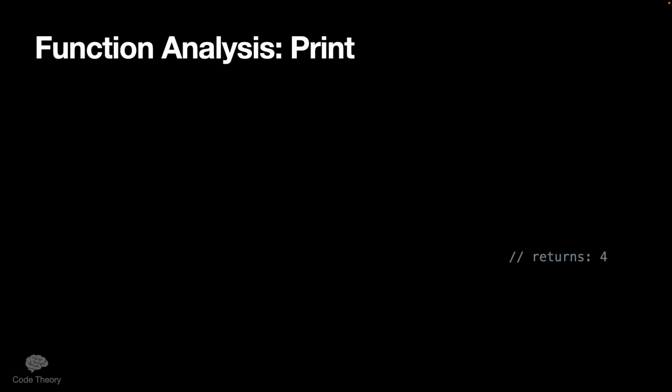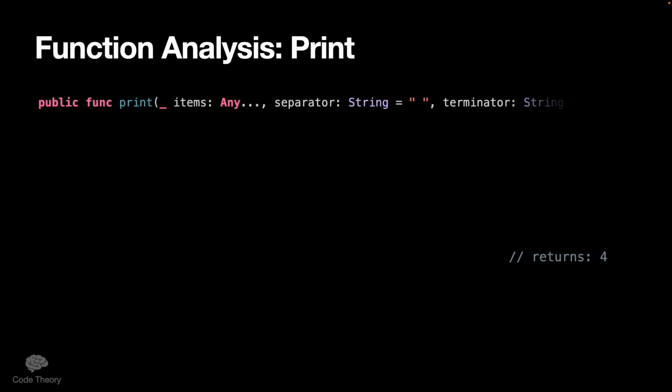And so we're going to go ahead and look at it. And I messed up my animations here, so you get to know the answer before I show the question. Don't worry about it too much. This is the exact function definition for the print function in the Swift Foundation library. So this is exactly how it is created by the people who build Swift.